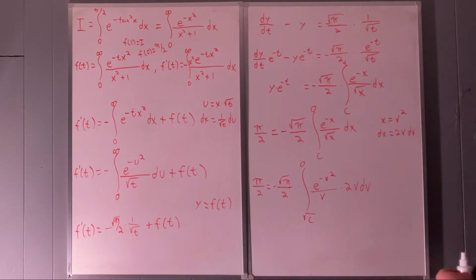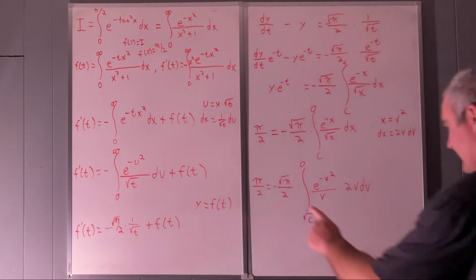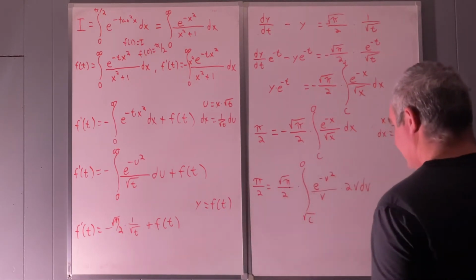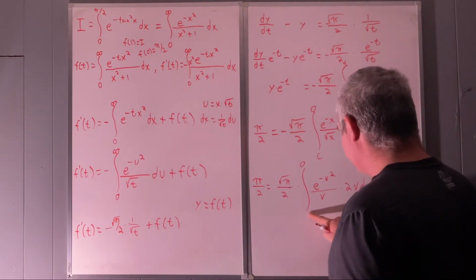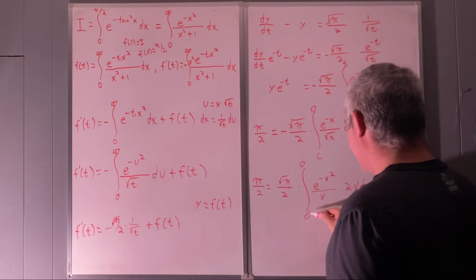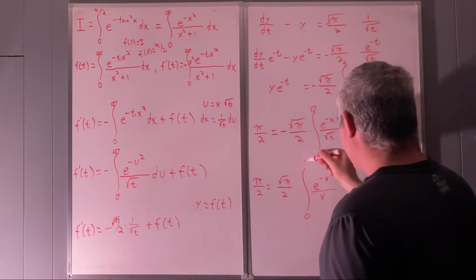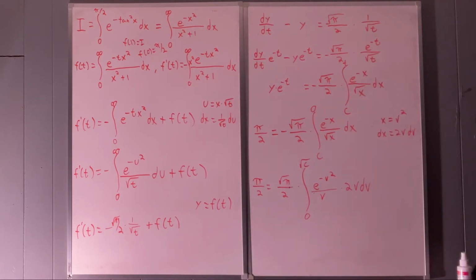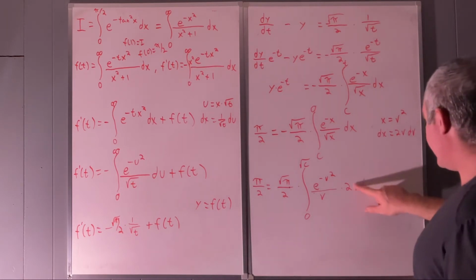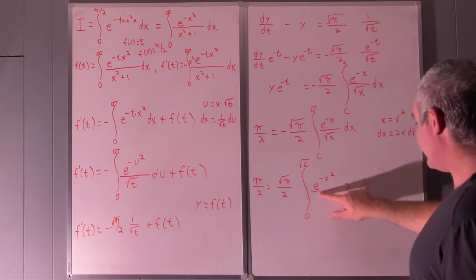All right, let's do some manipulation. Let's get rid of this negative sign to switch the bounds of integration, so we'll get 0 to square root of c. It's probably not necessary that I'm putting that square root there, but I'm just going to do it. Okay. This v and this v cancel.